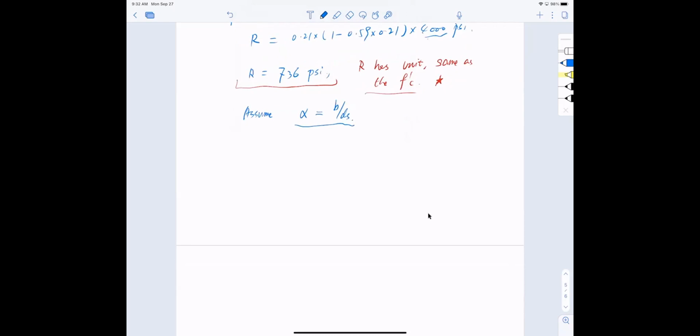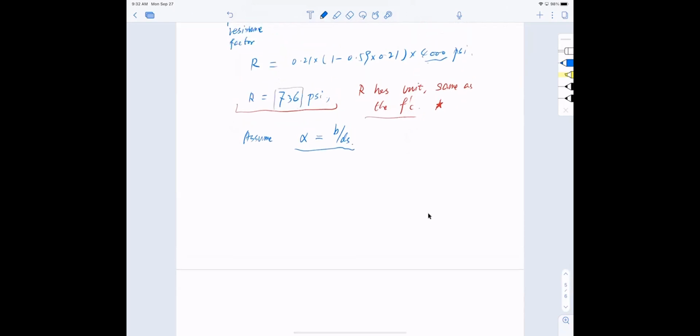Is there a reason you chose to do PSI instead of KSI? Yes, because what is the tensile strength of concrete? Roughly 1/10 of f'c, right? So if I have 4,000 PSI of concrete, tensile strength is about what? 400 PSI, right? Remember, fct, fr type of thing.